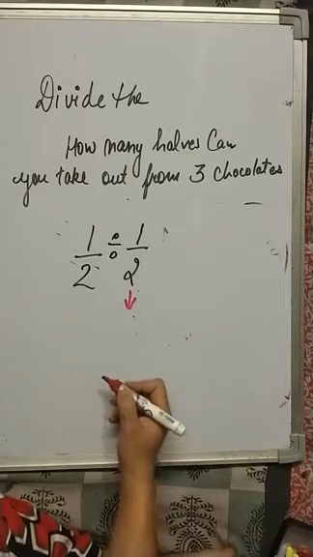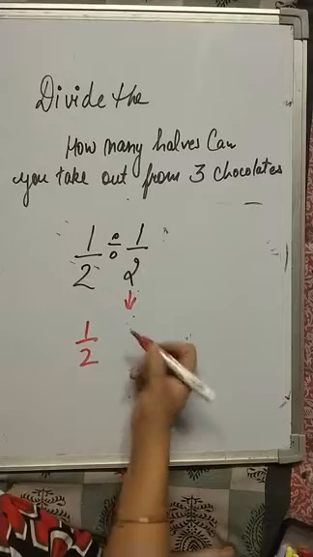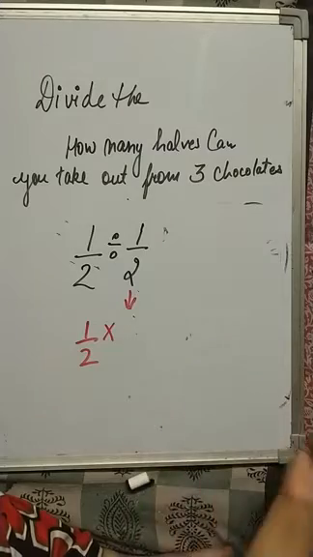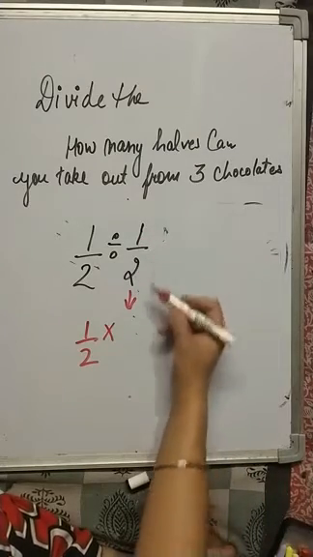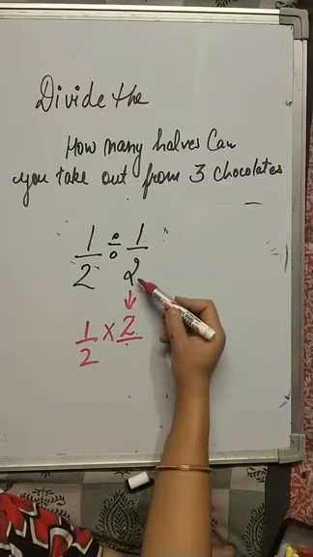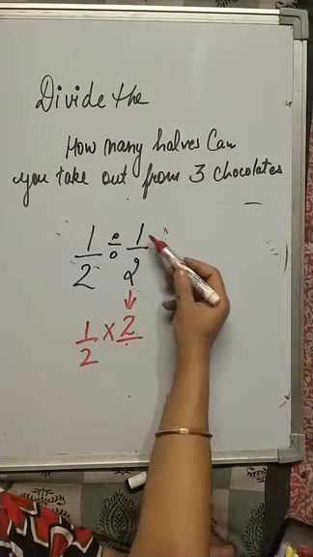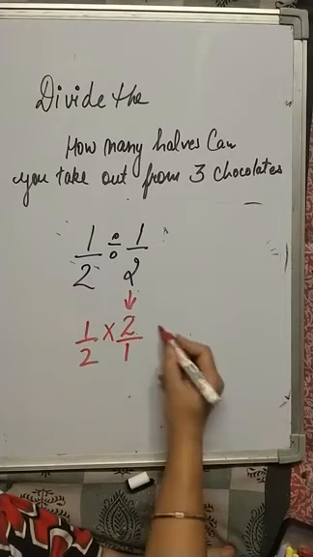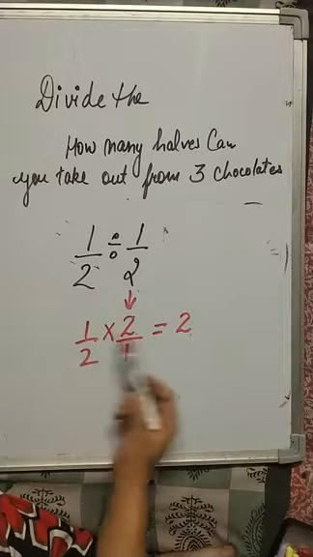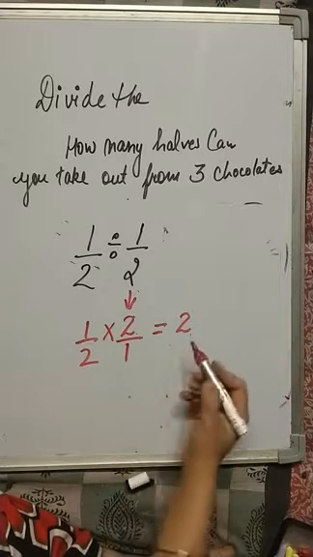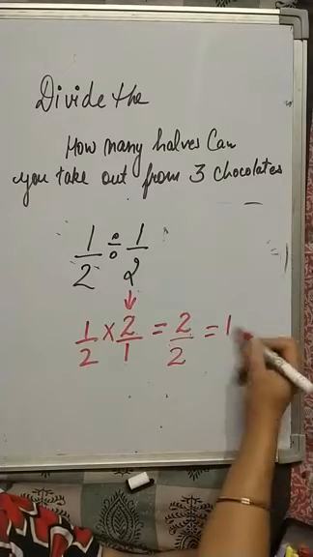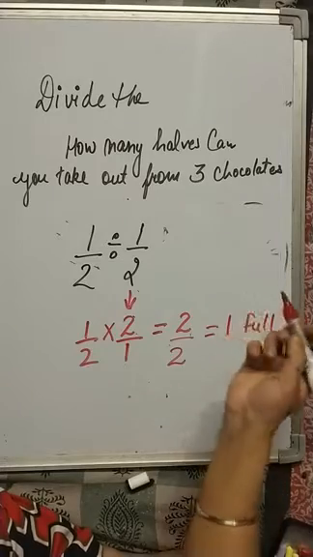Here half will be written as, the first rule is in place of divide, we write the multiplication sign, and we write the reciprocal of it. Reciprocal means we just shift the denominator to the numerator and the numerator to the denominator. Okay, so if we multiply, 2 times 1 is 2 and 2 times 1 is 2. 2 halves means how much? 1 full. That is what we have done also.